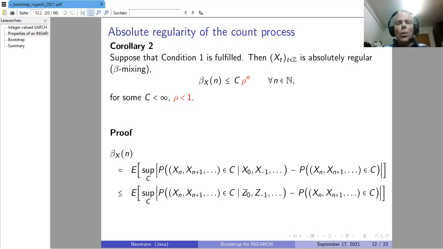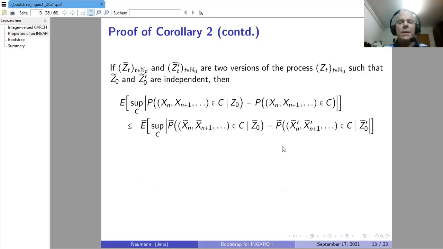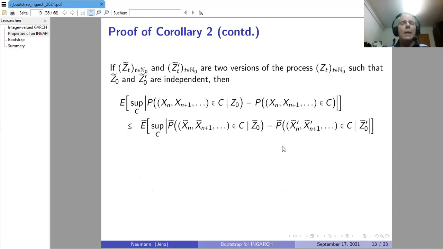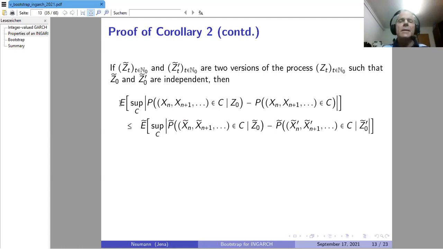So since the C process is more informative than the X process, this is a simple upper estimate, but the C process is a Markov process, and therefore we obtain this. So now let's assume that we have two versions of this C process, which are started independently at time 0. Then we can estimate the right-hand side of the previous equation in this way.